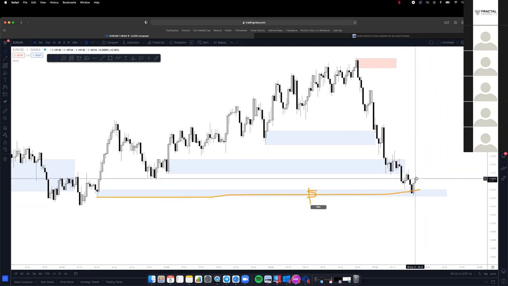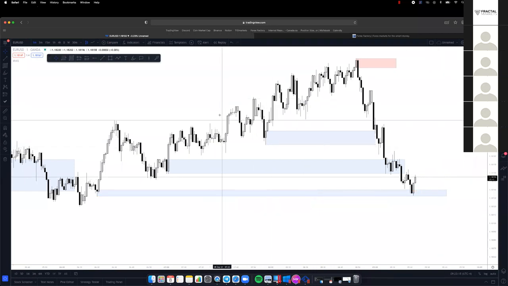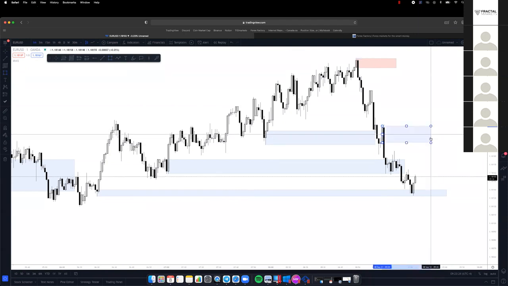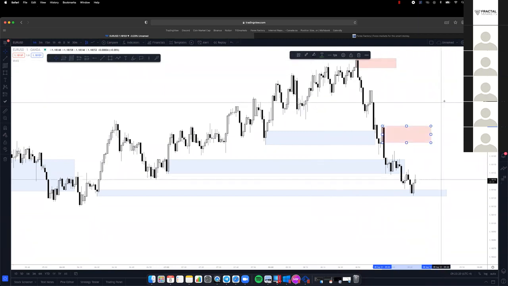Doesn't matter if we break supply. Here's the thing. Now we have to start mapping out our unmitigated supply levels, right? Because if we're in supply, we can't take demand trades, correct? So supply is here, right? And supply is here.